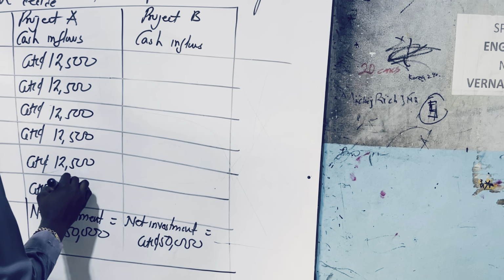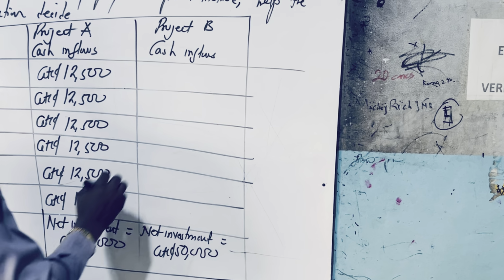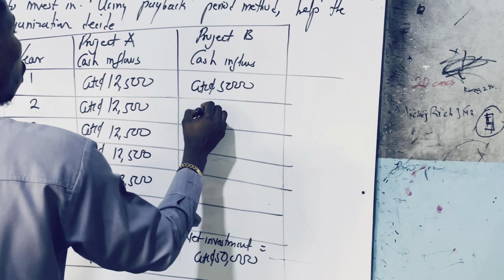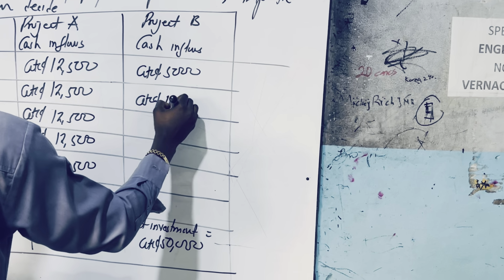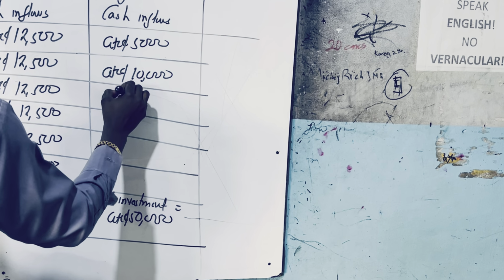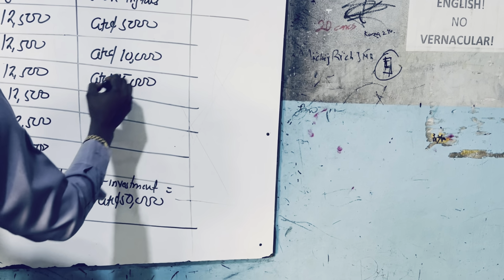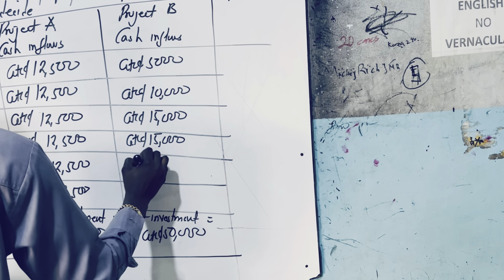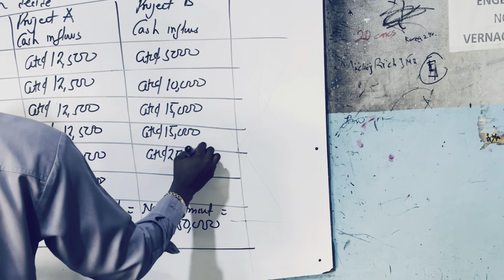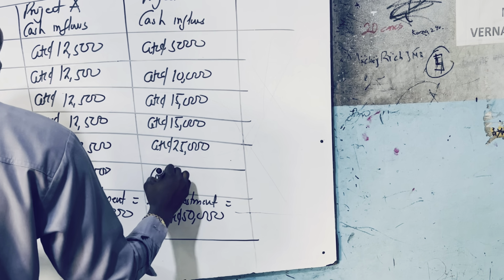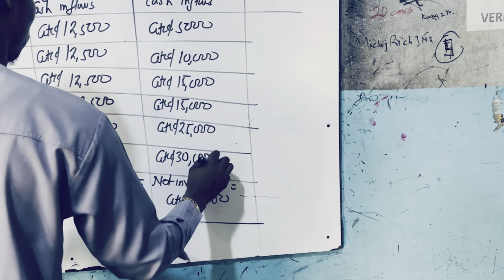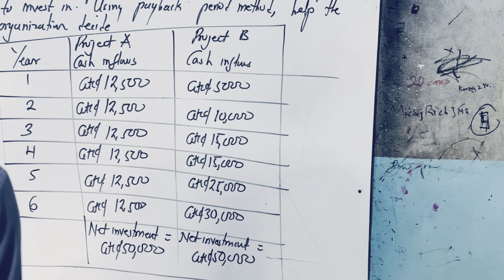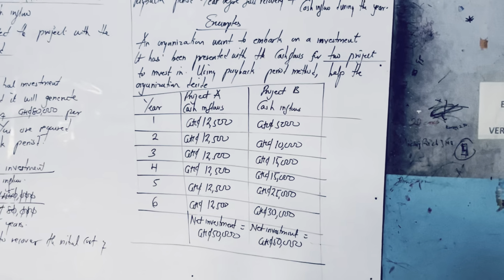Then for project B, we have 5,000, 10,000, 15,000. We have 25,000. Then we have 30,000. That is it. Okay, so now let's explain.